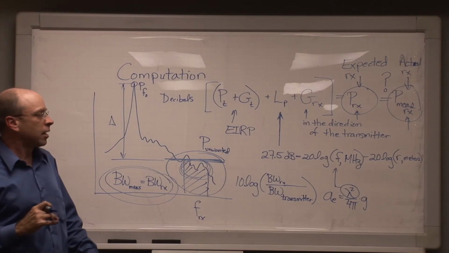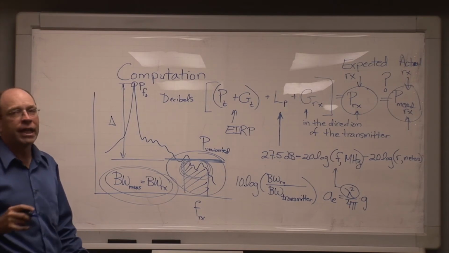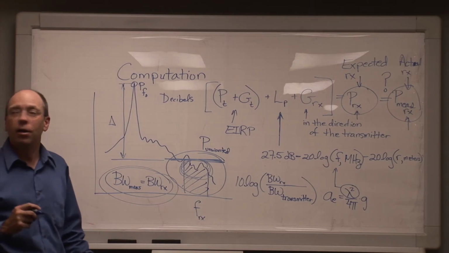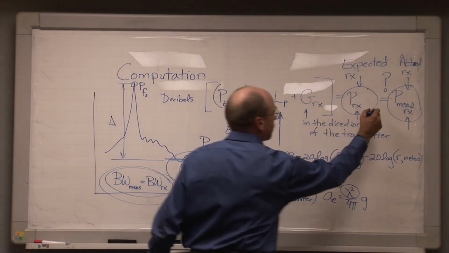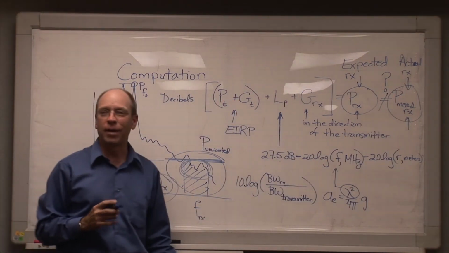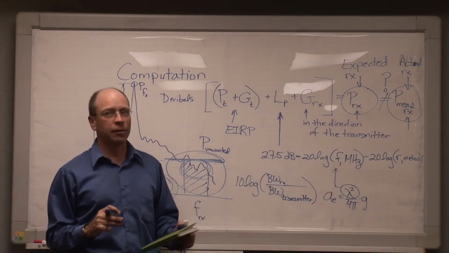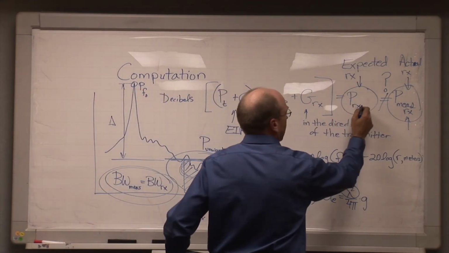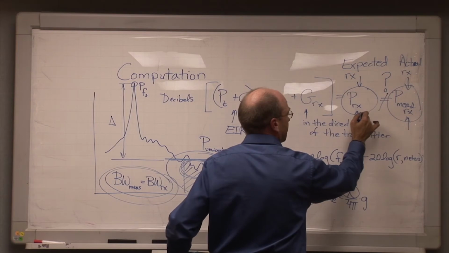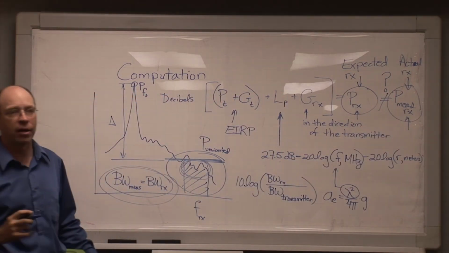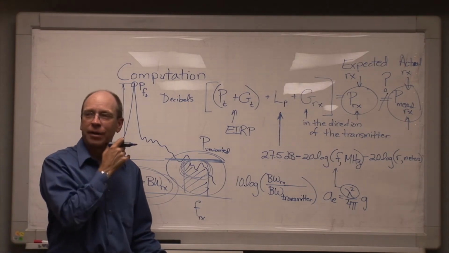In a later talk in this series, in the third talk that I give, I'll give an example from Fort Smith, Arkansas, where we basically did this, and these two totally did not match. They were off by like 60 dB. It was weird because it looked like co-channel interference, but what we expected to see in the receiver was a level that would have been like 60 dB lower than what we were actually measuring. And since we can't make power come out of nowhere, my first comment was, you know what this means?